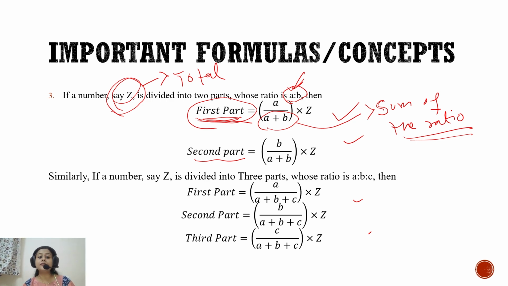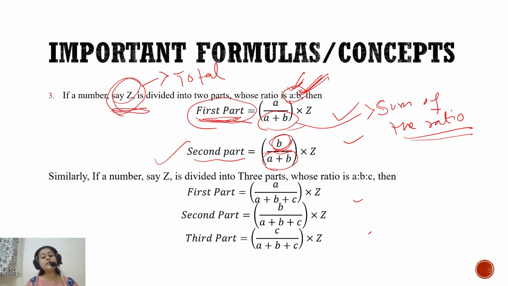That absolute total number given, we have to multiply it. Same for the second part: we consider the second term, B, divide it by the sum of the ratio, and then multiply it by the total number given.